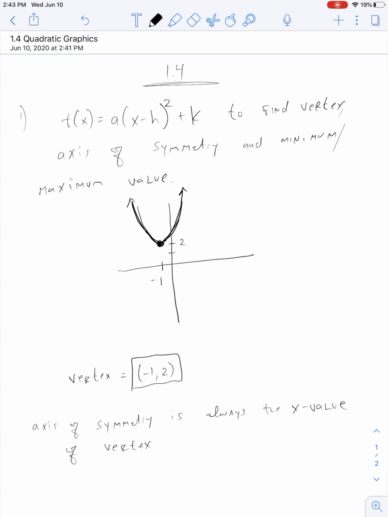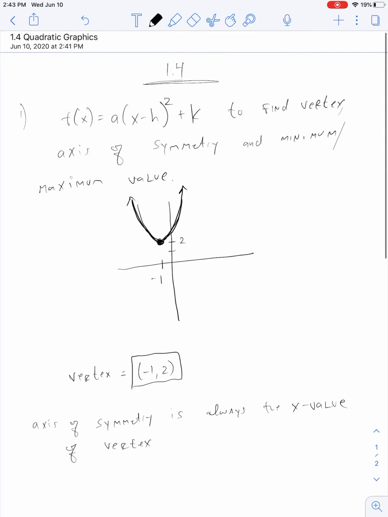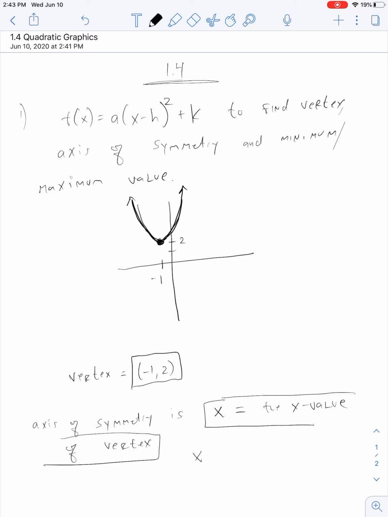So axis of symmetry is always x equals the x value of the vertex. So it's x equals, our x value of the vertex is -1. So axis of symmetry is x = -1.